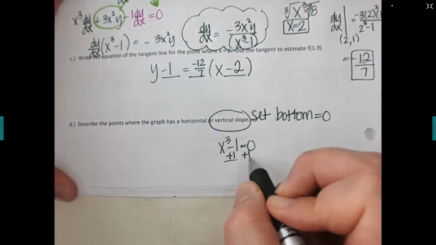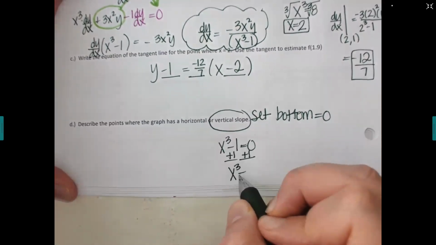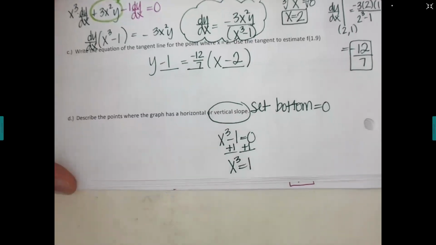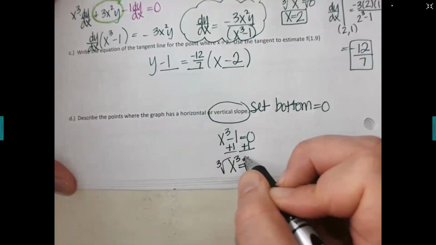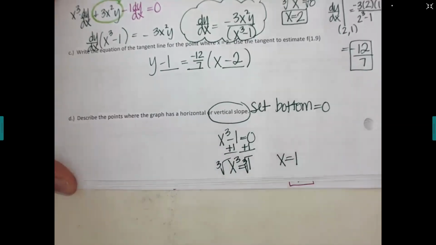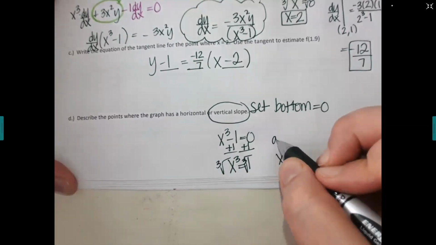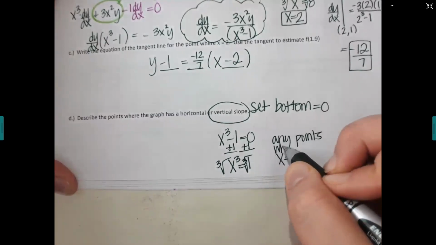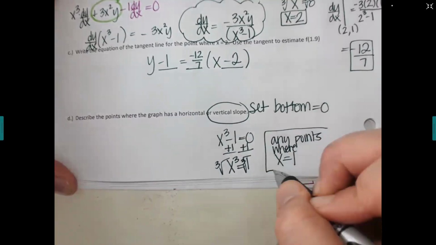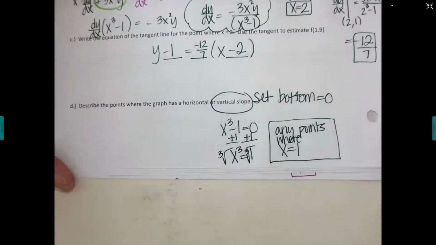Add the 1 across. And if x cubed is 1, do I do plus or minus when I take a cubic root? No. So the cubic root would just be x equals 1. So any point where my x is a 1, my slope would be vertical.